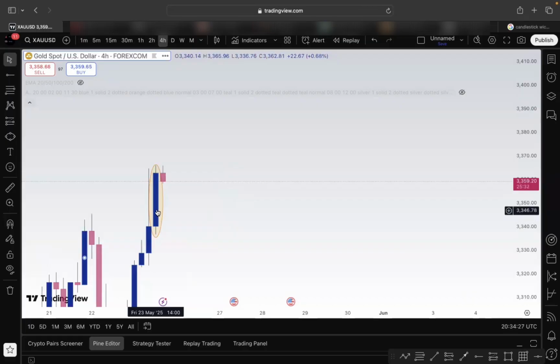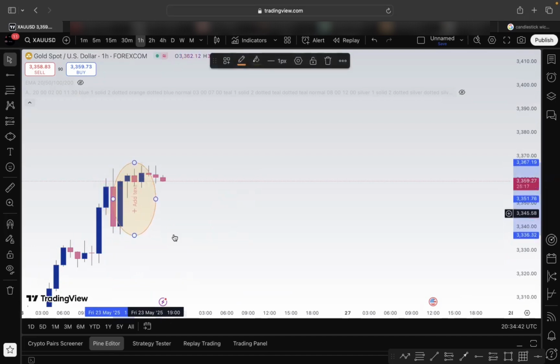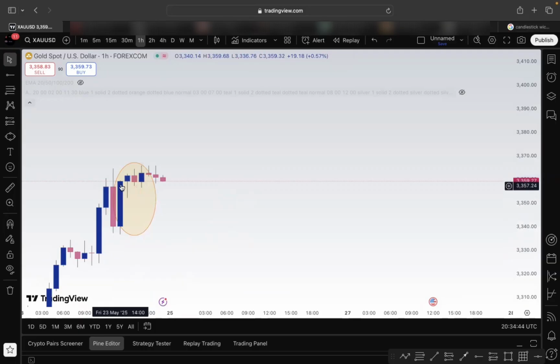So this was formed at 2 p.m. If it started forming at 2 p.m., then this is the move. So this candle here, 1, 2, 3, and then 4.